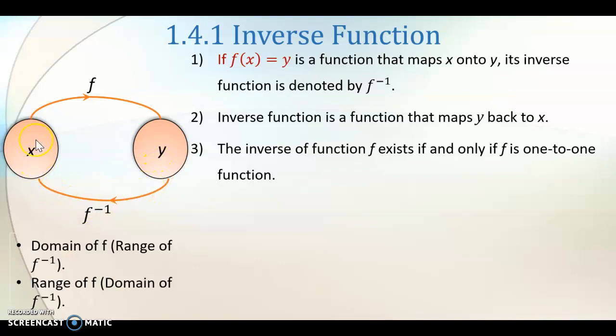From this diagram, we know that the domain of f will be the range of the inverse function, and the range of f will be the domain of the inverse function, because it is mapped from here to here.